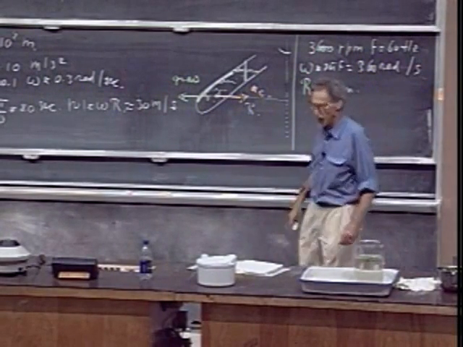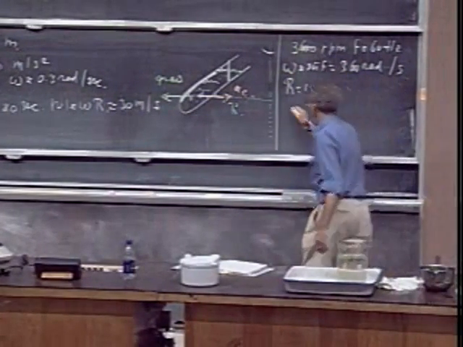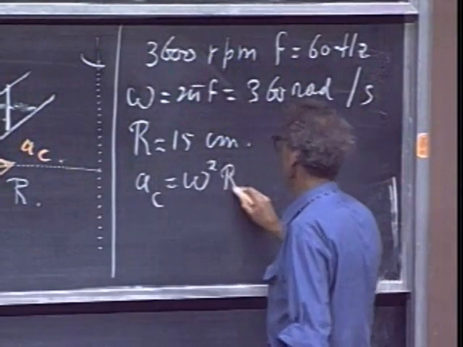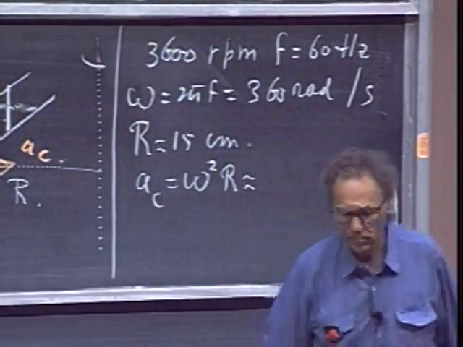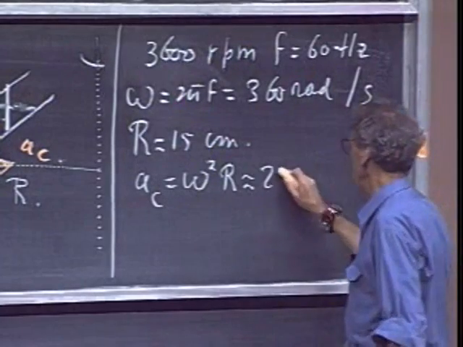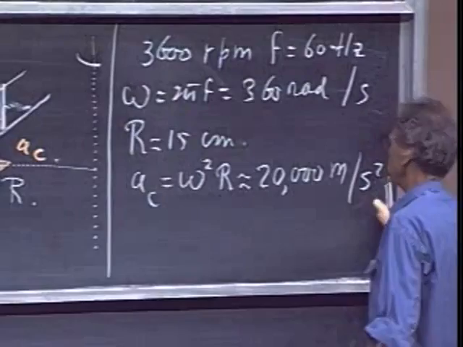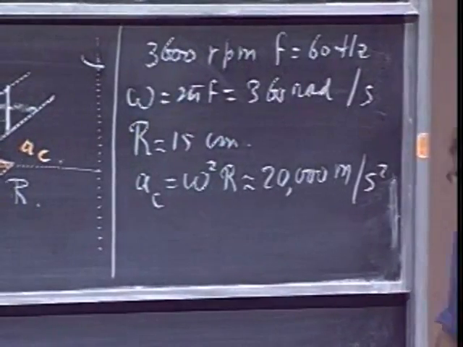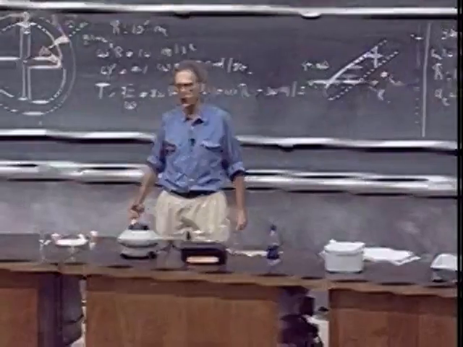And we can calculate now what the centripetal acceleration is. The centripetal acceleration, a_c, which is omega squared r, is then roughly about 20,000 meters per second squared. And that is 2,000 times the gravitational acceleration.